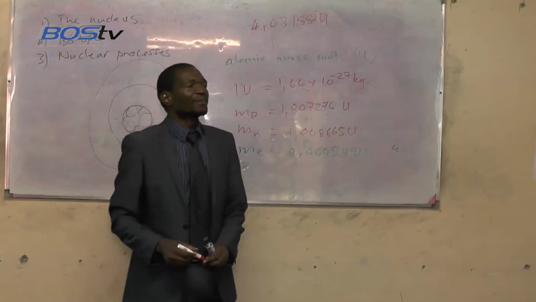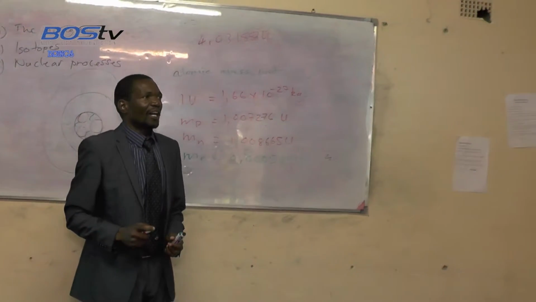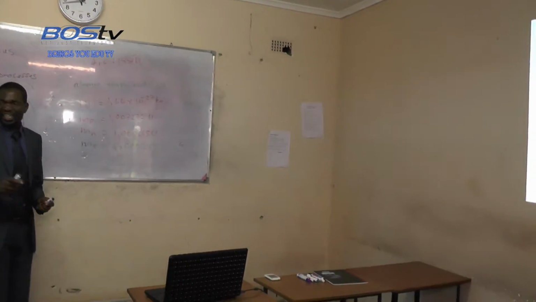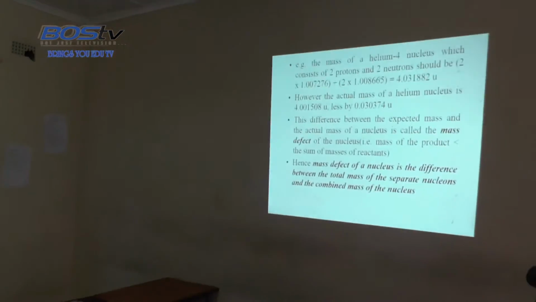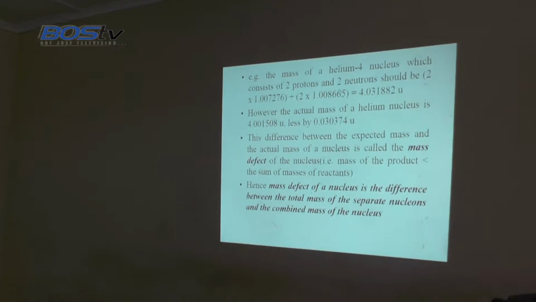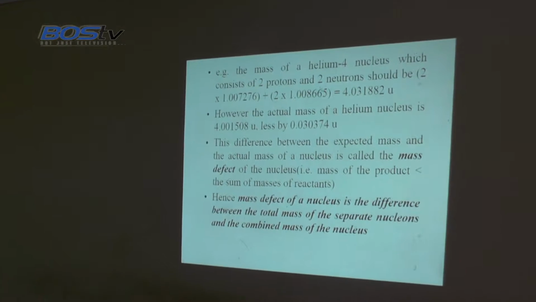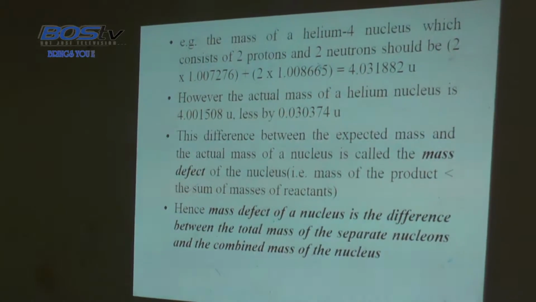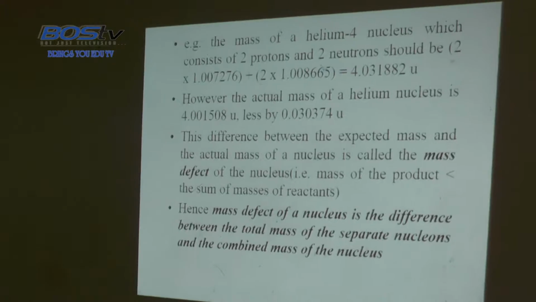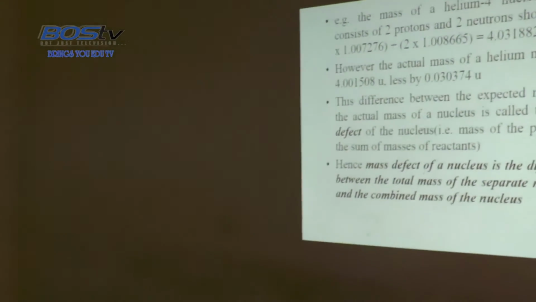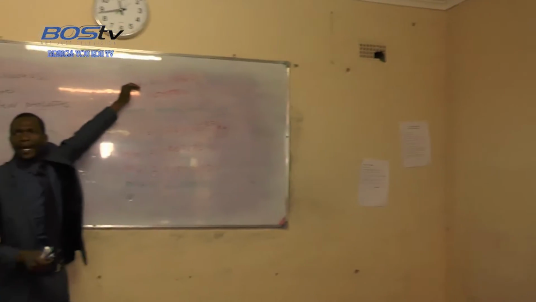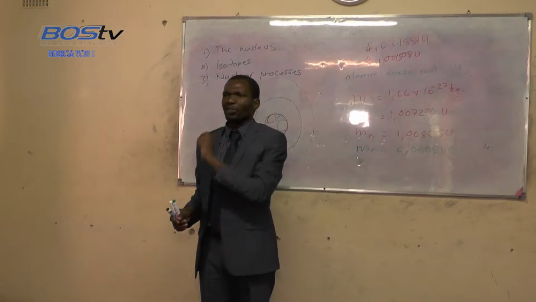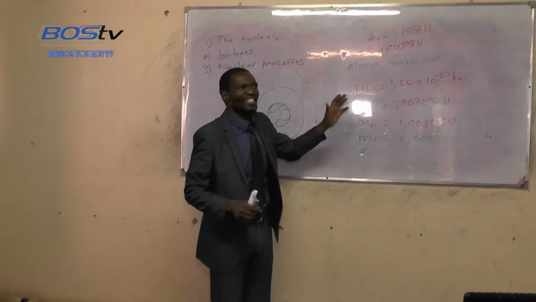Right, the mass of helium is actually 4.001508 U. That's the mass of helium. I think if you compare these numbers, you will actually see that the mass of helium nucleus is less than the total sum of the rest masses of the individual nucleons. Are we together? It's less than that.